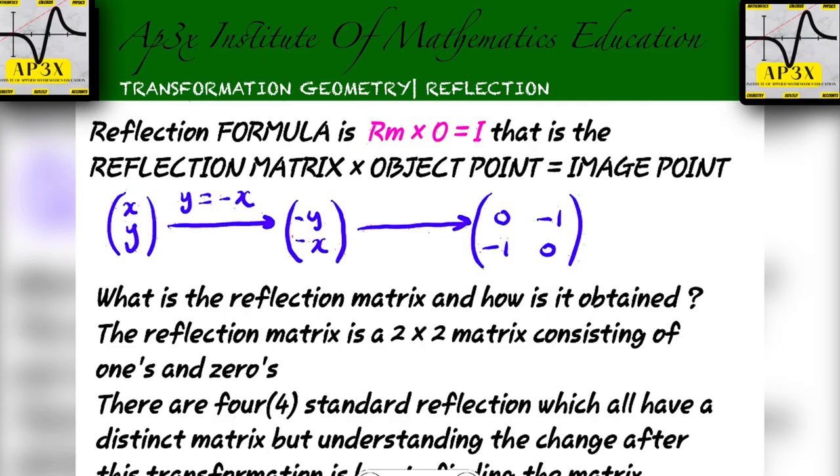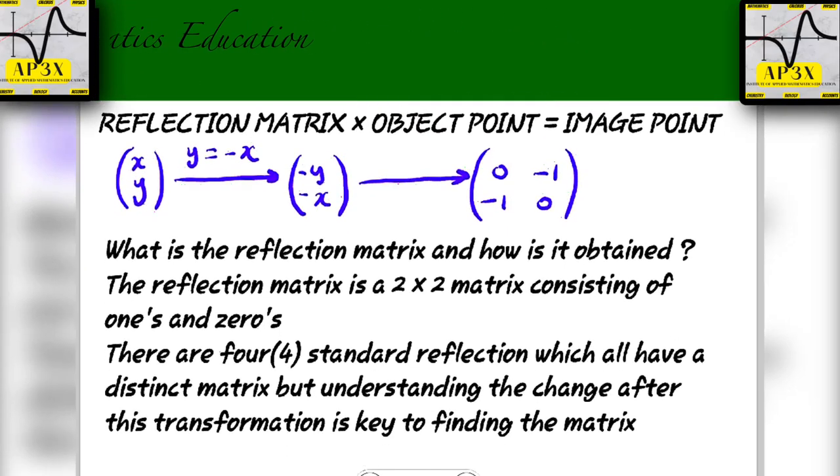Later on during the tutorials, you're going to find that a reflection across the origin is basically like a rotation of 180 degrees about the origin point (0, 0). But we're not going to go too much in depth. We just want to keep it surface level, keep it very simple for you guys to understand.